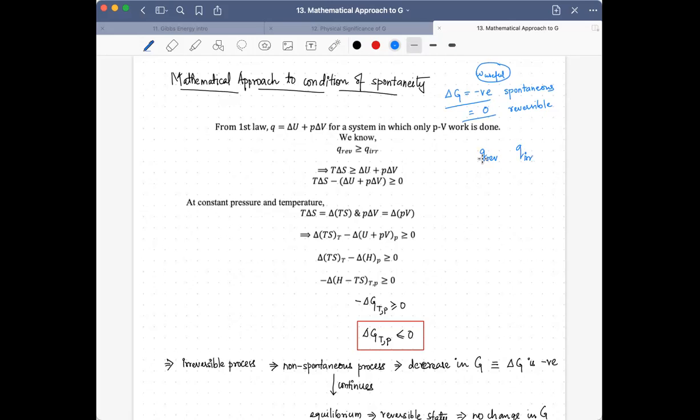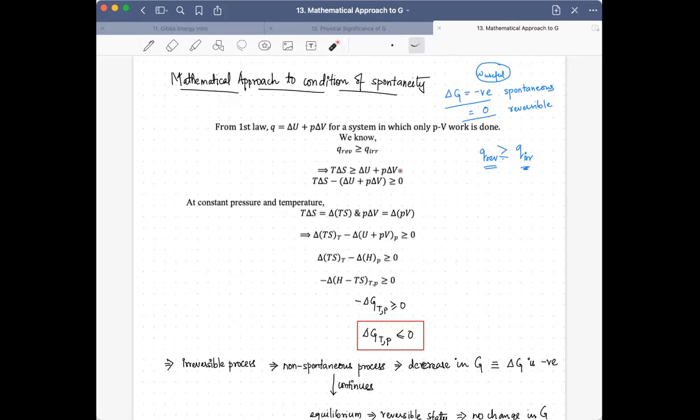If you compare the magnitude of the reversible versus the irreversible heat change, obviously the reversible heat change would be maximum. So we can club these two things together, the inequality as well as the equality sign. Equality stays for the reversible system, and for an irreversible system, the inequality sign predominates.